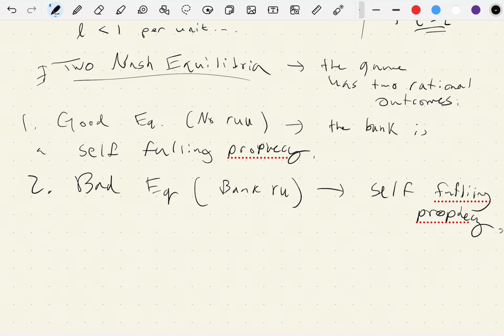But this time it's not in the sense of believing that all the investors are going to be patient, but in fact, it's a panic that actually just destroys the bank. So even if the bank's underlying investments were perfectly sound, this equilibrium is based on fear.